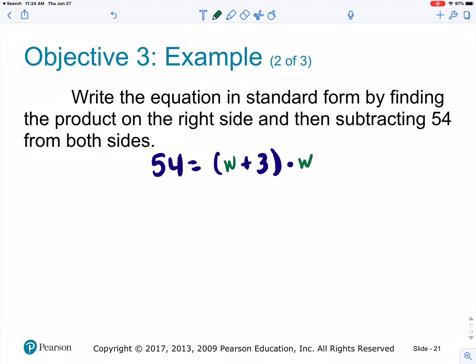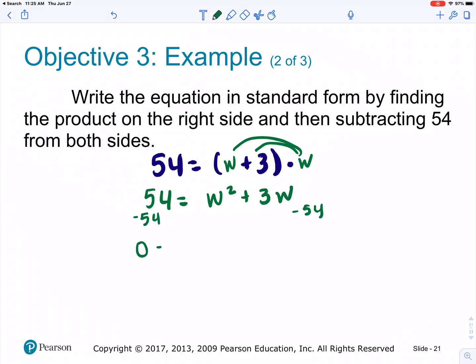Write the equation in standard form by finding the product of the right side, then subtracting 54 from both sides. So again, 54 equals, I'm going to distribute, w squared plus 3w. I'm going to set it equal to 0, so I subtract 54 from both sides. 0 equals w squared plus 3w minus 54.